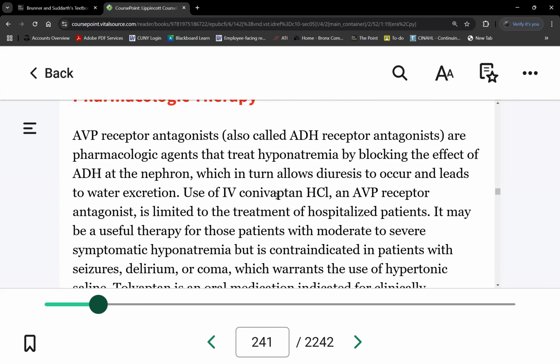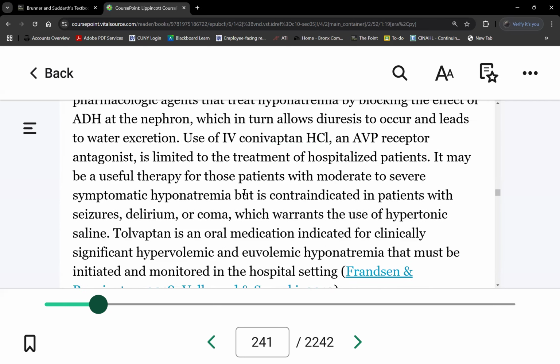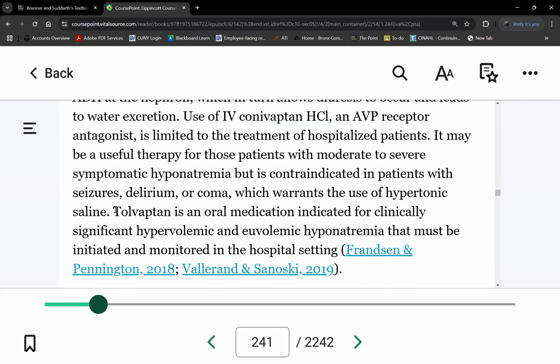So there are 2 Vaptan drugs. So conivaptan, and I think it's still Vaptan, but I forgot the one that starts with a T. Oh, tolvaptan, sorry.